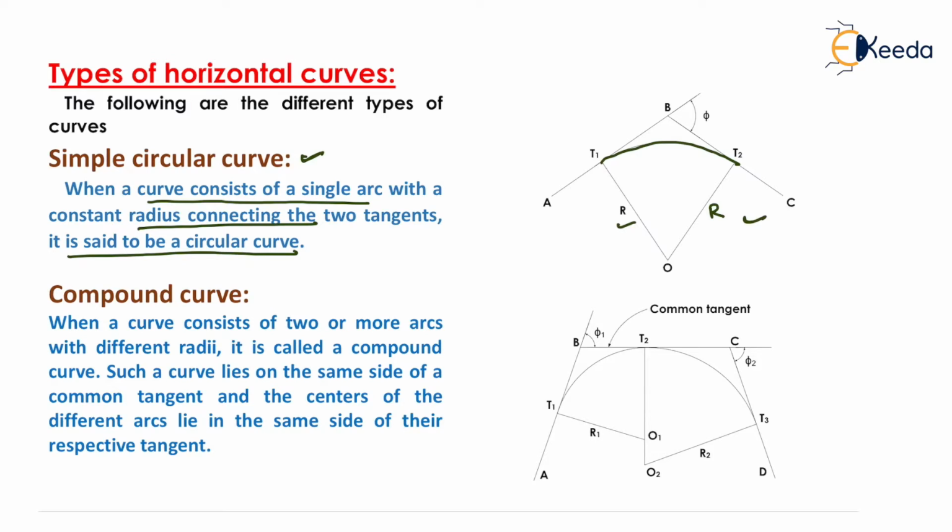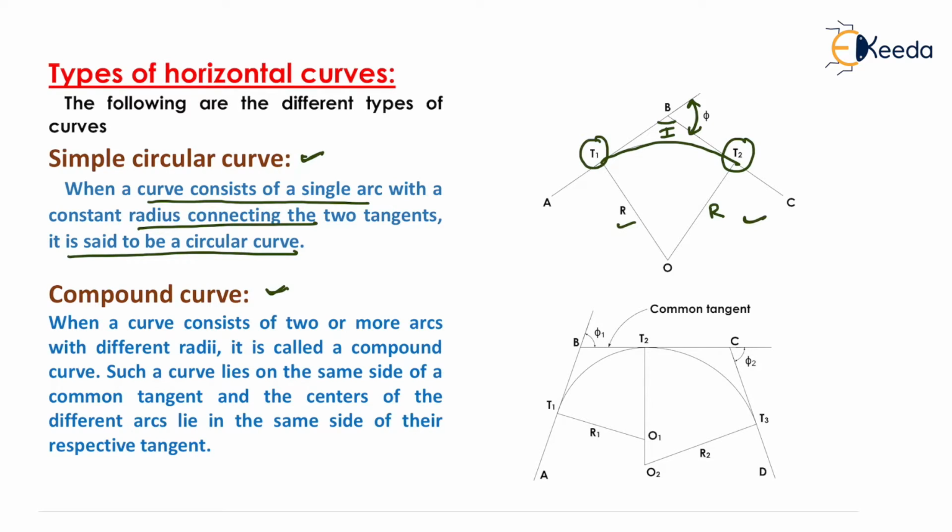It means that throughout the curve the radius will be capital R, and this is the first tangent point, that is T1, and this is the second tangent point, T2, and this is the deflection angle phi, and it is the intersection angle I.